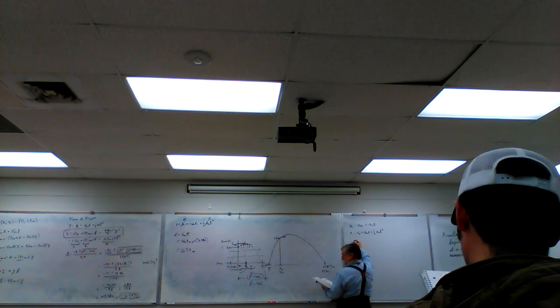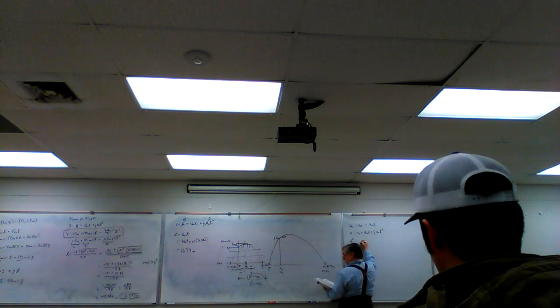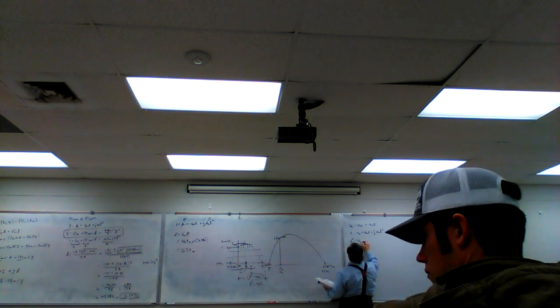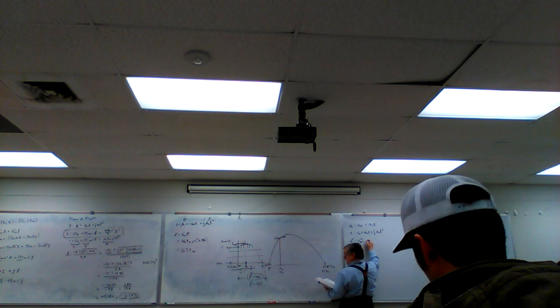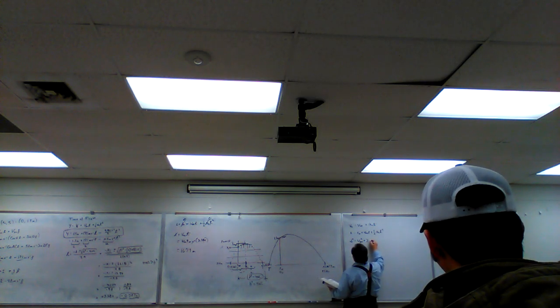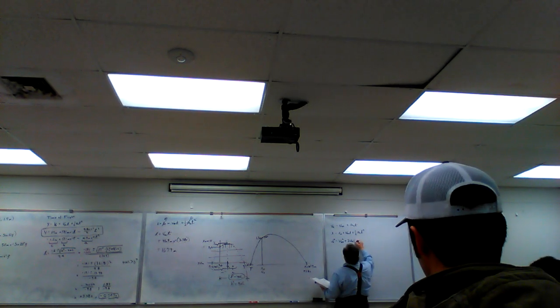And we've also got this one, V squared in x is equal to Vx sub naught squared plus 2A sub x times x minus x sub naught.